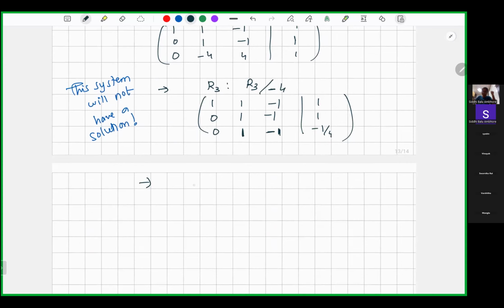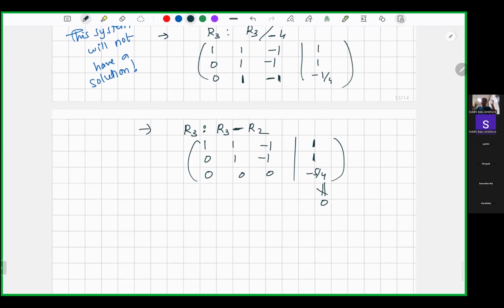And if I now do R3 minus R2, I will get 1, 1, minus 1, 0, 1, minus 1, 0, 0, 0. And here, it does not matter, I think it is minus 5 by 4. Whatever it is, this is non-zero. And now the system does not have a solution.